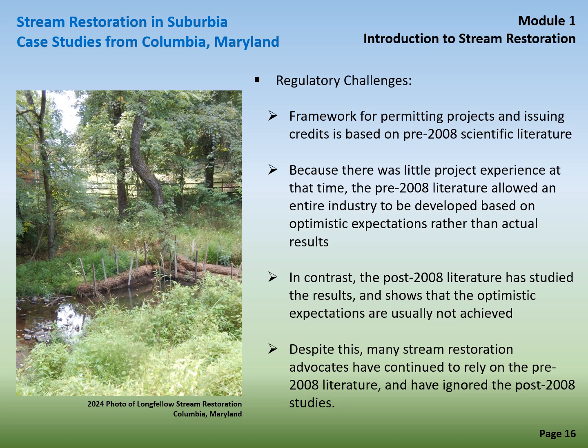And then what happened after 2008 is that they started getting project results, and academics started studying those results, and the results weren't good. They showed that those optimistic expectations were usually not achieved. But in my reviewing a few of these permit applications in the 2020s, what first caught my eye is that they're still based on these optimistic expectations from the 2005-2008 literature.